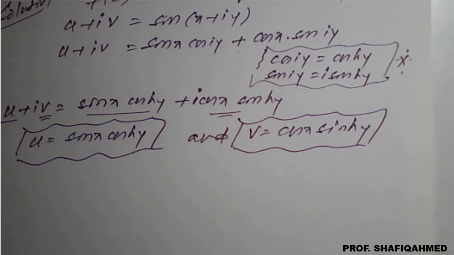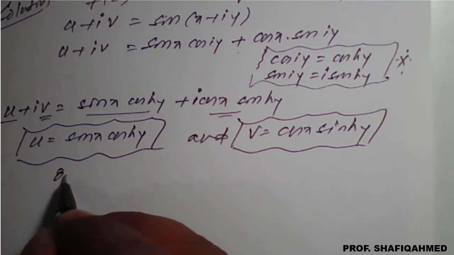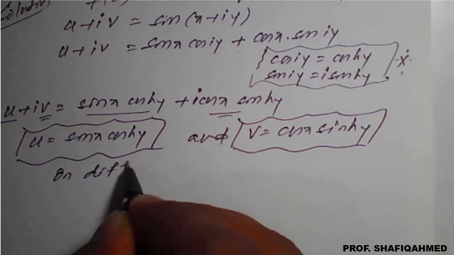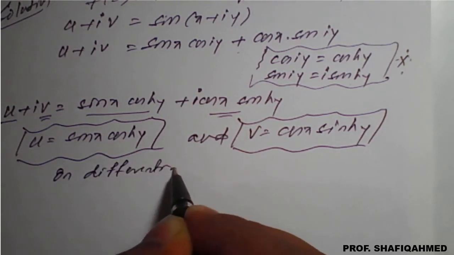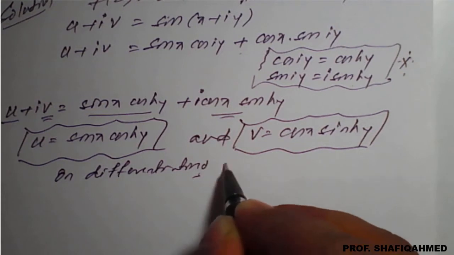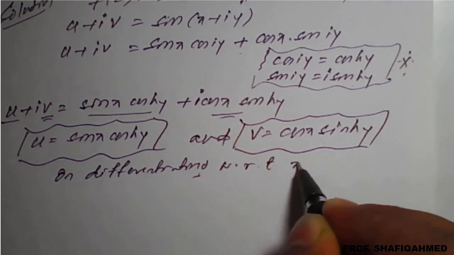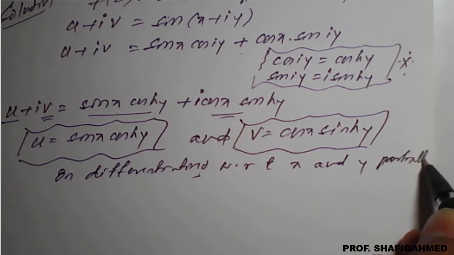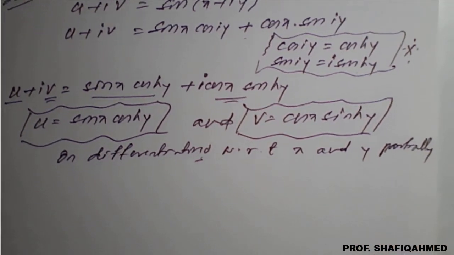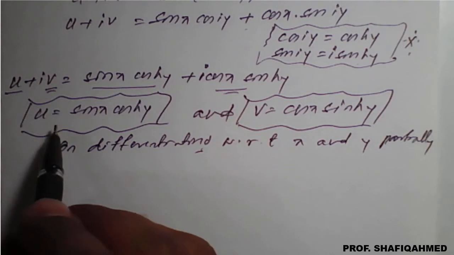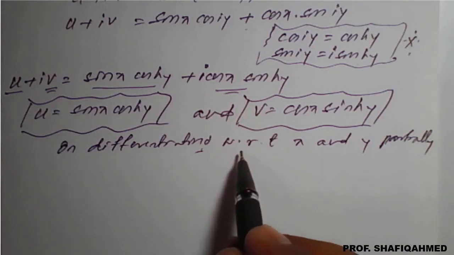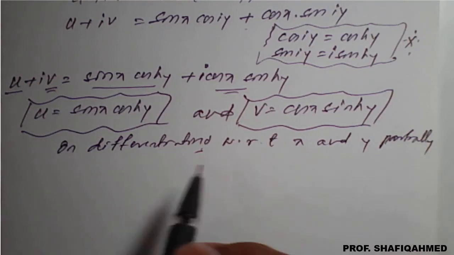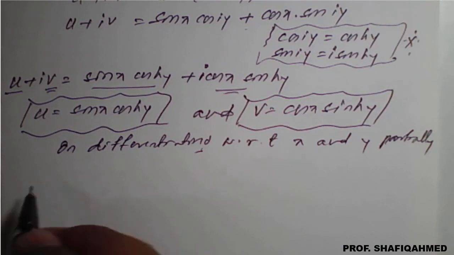Once we get u and v, we need to go for differentiation. On differentiating with respect to x and y partially, this u and v will be differentiated with respect to x and y partially. Firstly we'll go with respect to x.